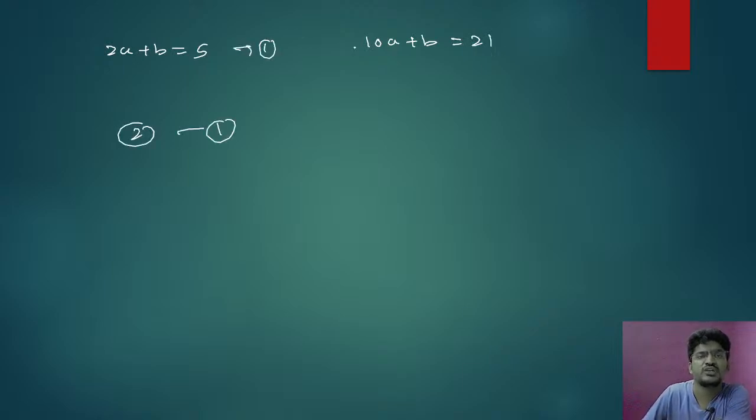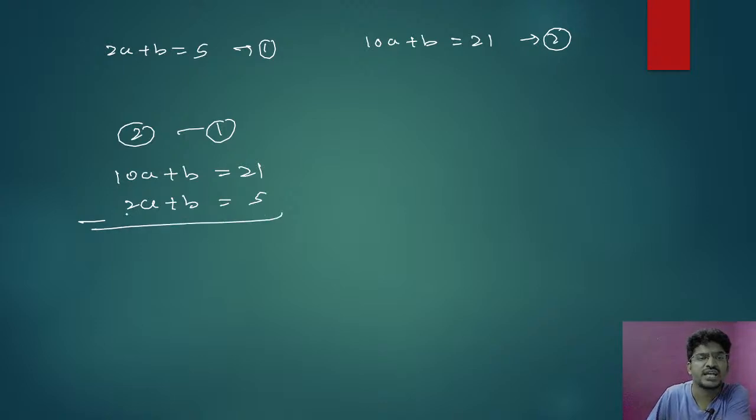Take 2 minus 1. That will be 10a plus b equal to 21 minus 2a plus b equal to 5. So subtract this. 8a, the b terms get cancelled, and 21 minus 5 will be 16. So a will be equal to 16 by 8, that is 2.